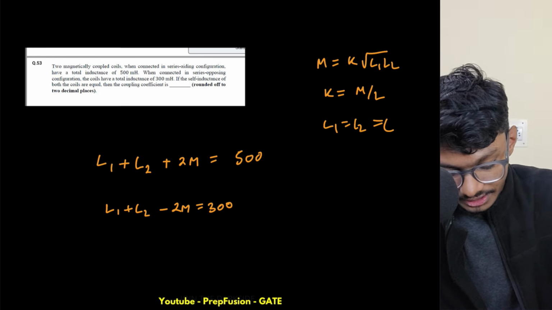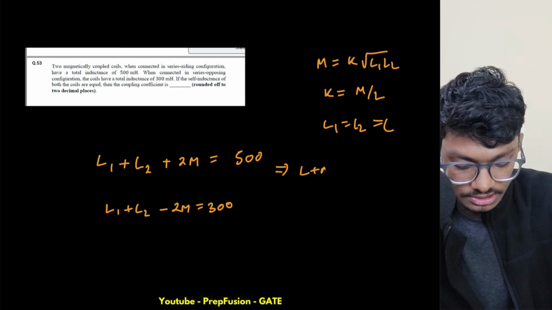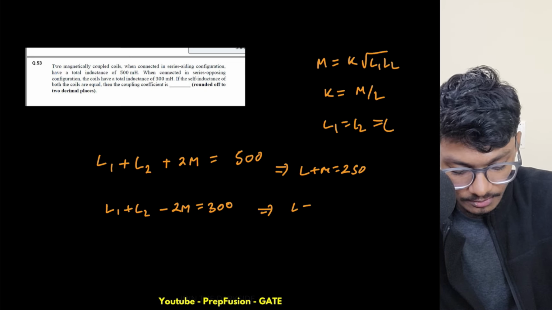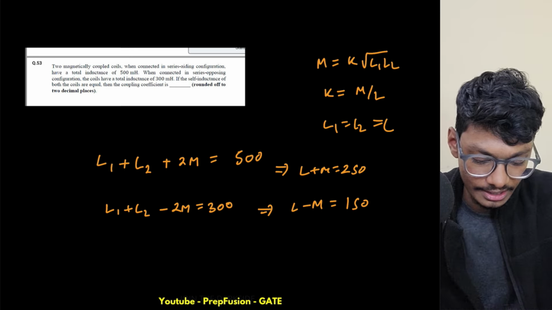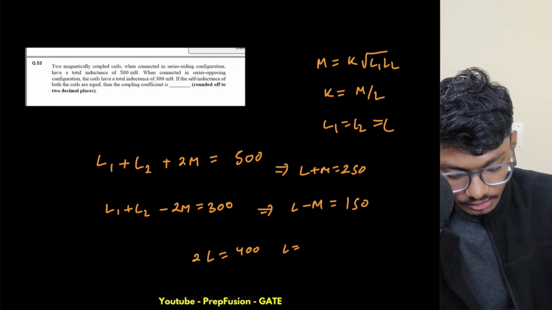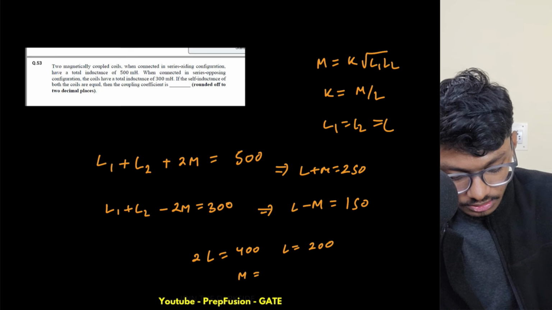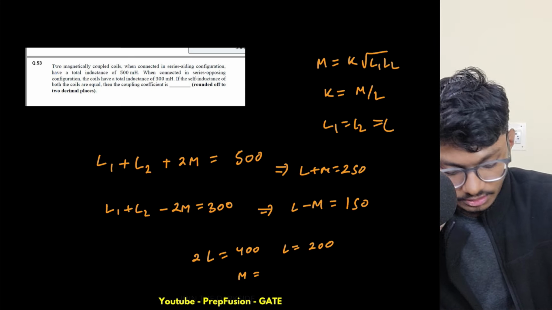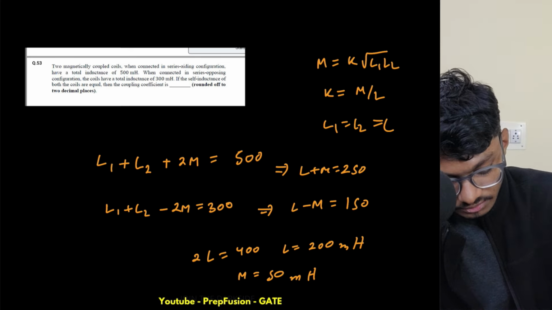So we can write this as 2L plus 2M, so L plus M will be 250, and here this is 2L minus 2M, so L minus M equals 150. Simply subtract and add, so 2L equals 400, L equals 200, and M equals 250 minus 150, 100, and 50. Okay, everything is in millihenries.